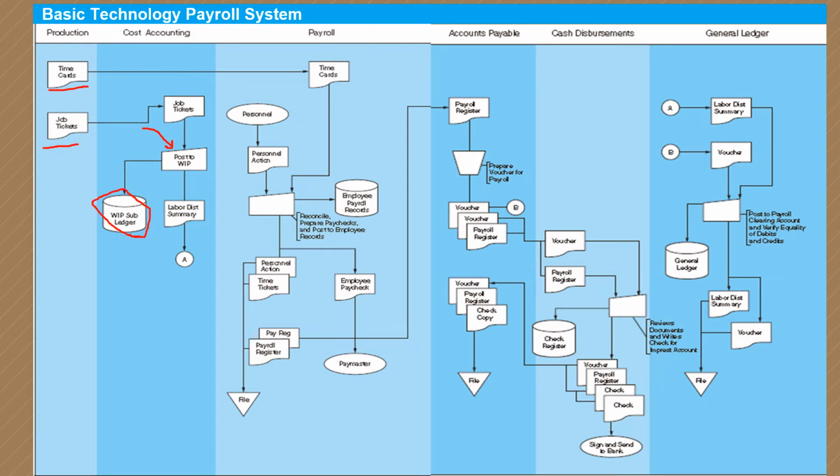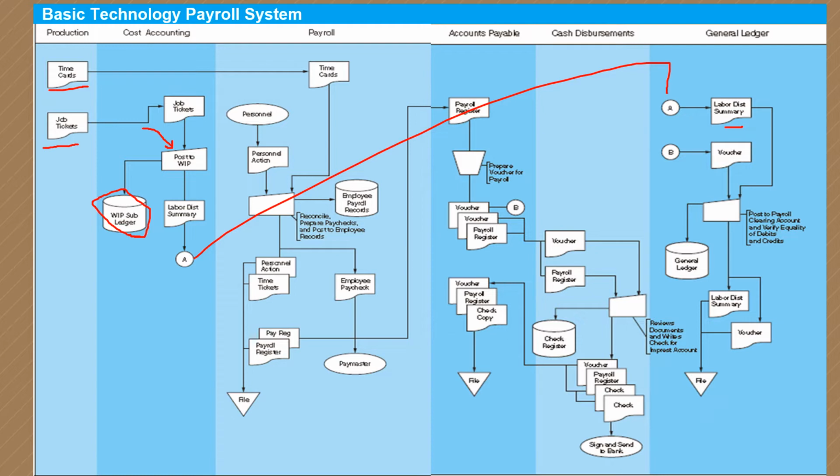Then it keeps labor and processes the labor distribution summary into the general ledger, updating the general ledger from cost accounting.